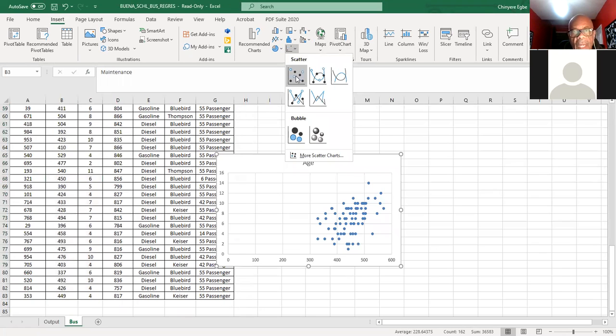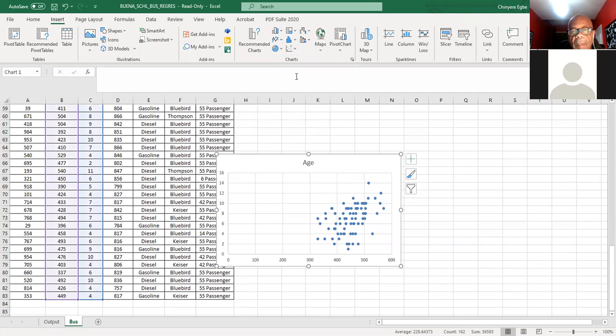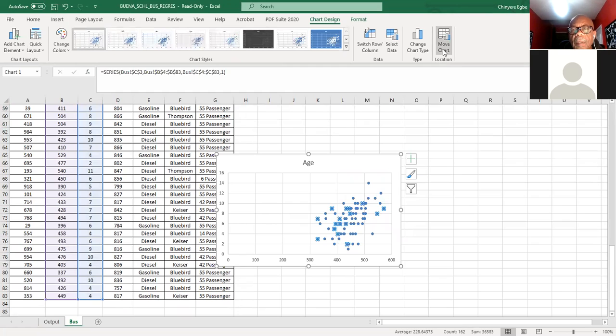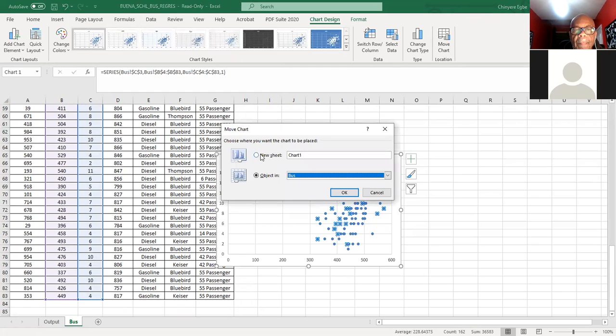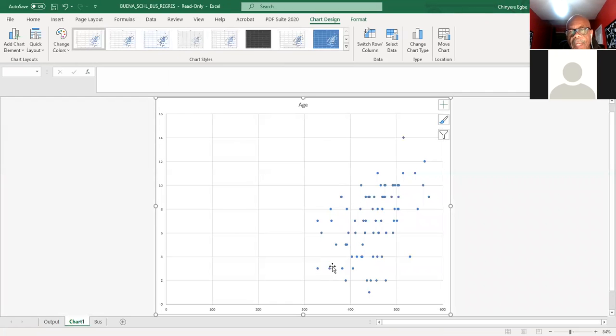I'm taking a scatter diagram, and you can see there's a tendency here. The higher the age of the bus, let me see.